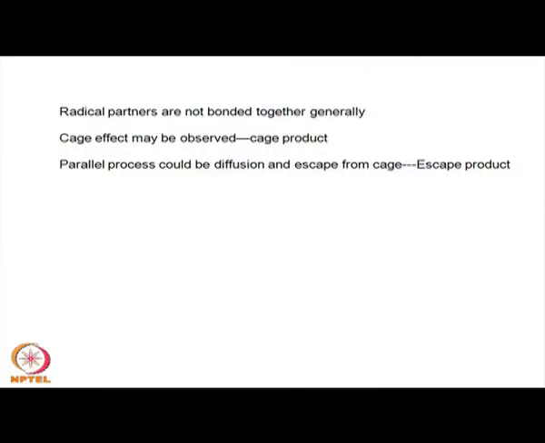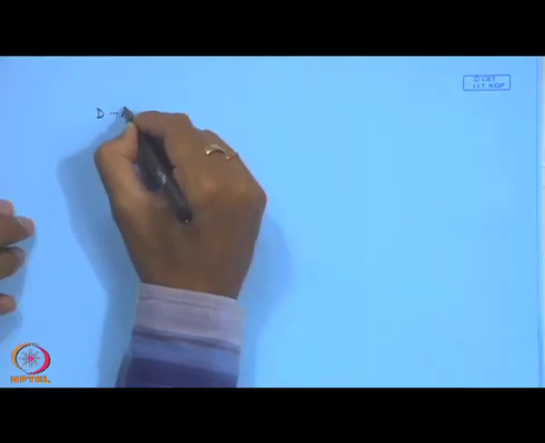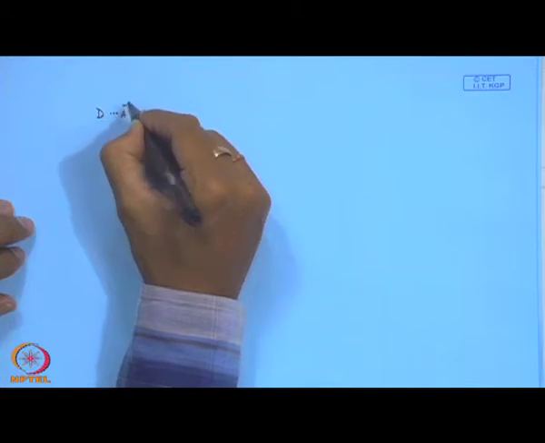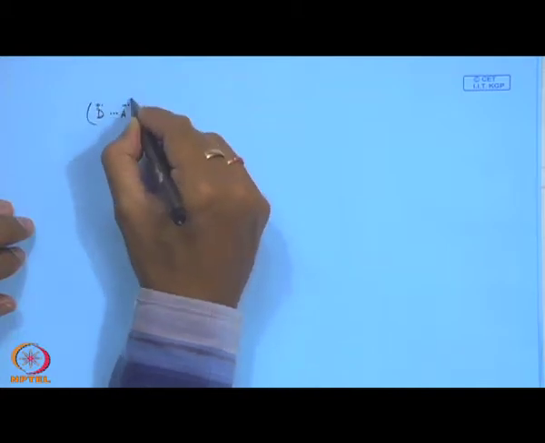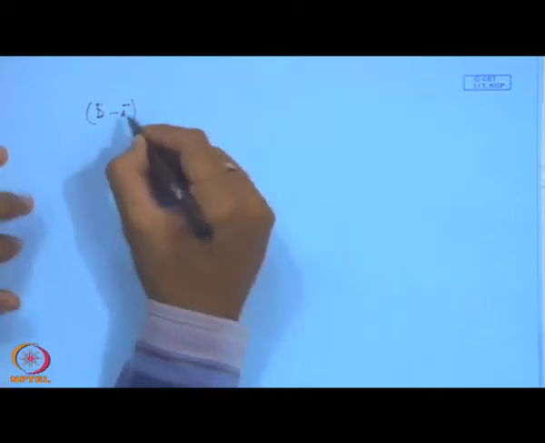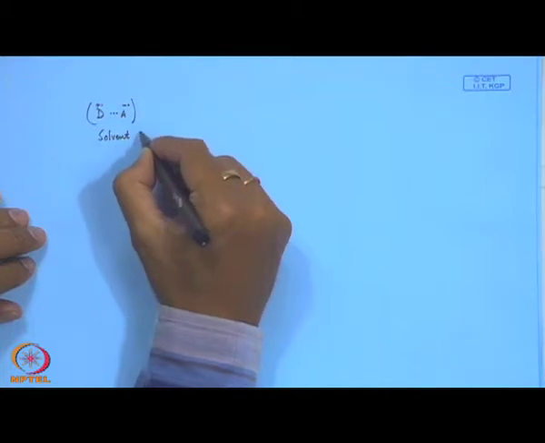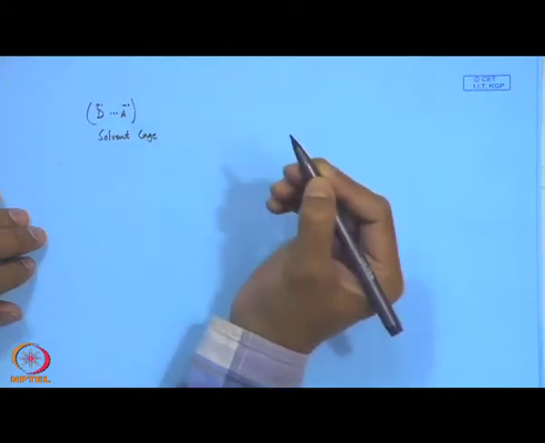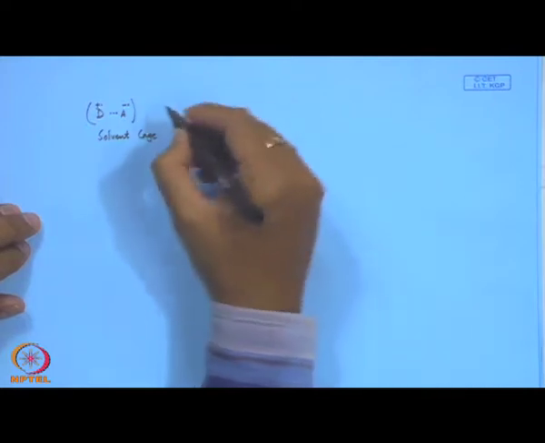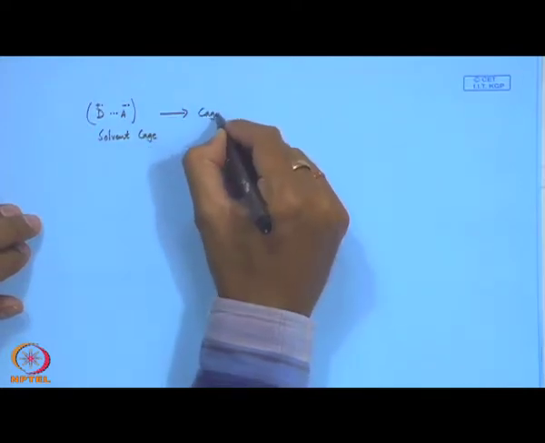Now, as soon as these radicals are created, this acceptor minus dot and donor plus dot, they are within the solvent cage, and you can expect a cage process, a cage product.